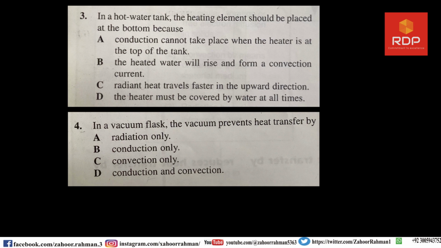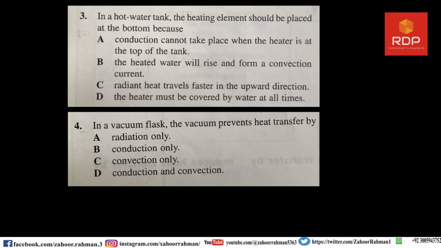Now let us talk about the third question. In a hot water tank, the heating element should be placed at the bottom because option A, conduction cannot take place when the heater is at the top of the tank. No, it is not correct. It doesn't make any sense because conduction will take place, but it will be a slower process. Option B is saying the heated water will rise and form a convection current.